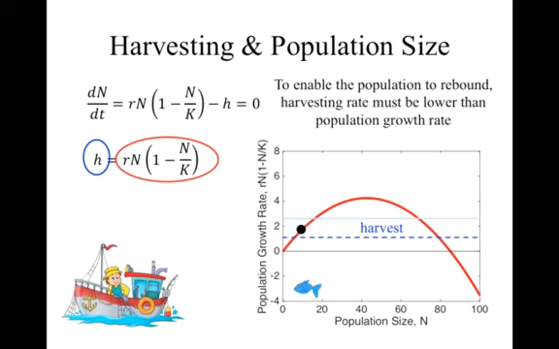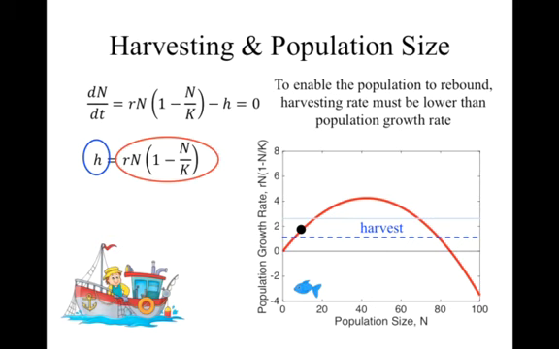All right. So basically, to get this population to grow, this fisherman has to harvest at a level lower than the population growth rate of the fish. So if I take a look at the population growth rate of the fish, that's the red line. I have to harvest at some rate lower than that. Because again, if I'm harvesting less than the fish population is replacing by natural birth, then it's okay.